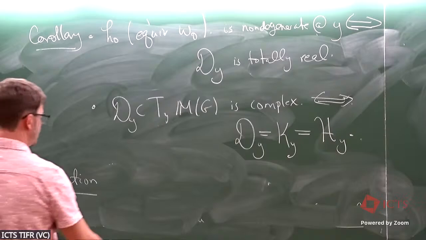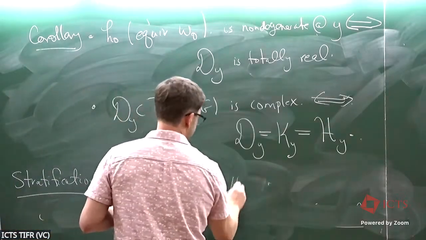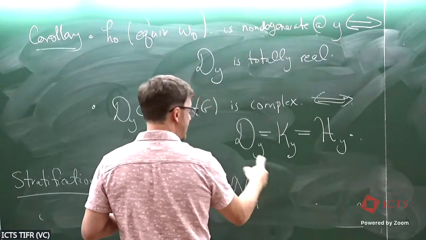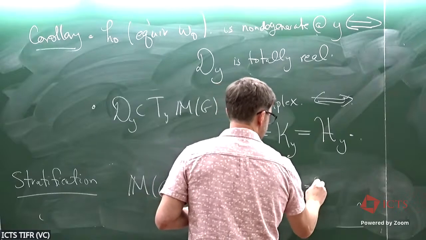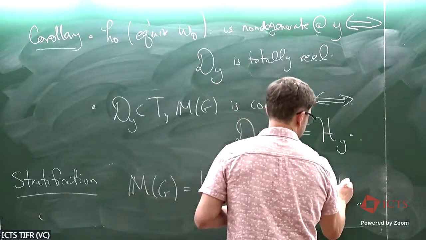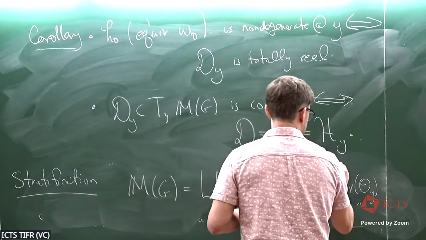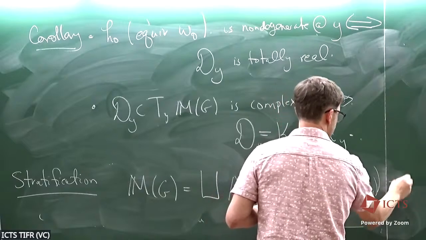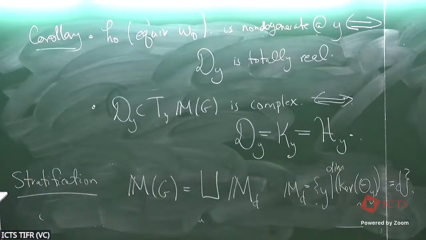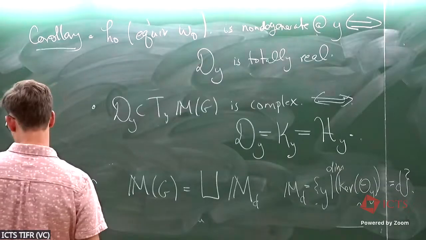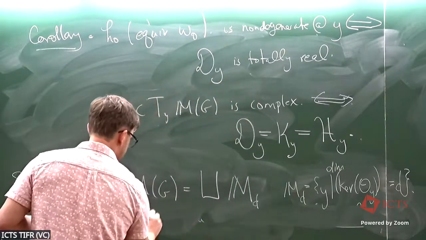You get a stratification of this space where the different strata are labeled by the dimension of degeneracy, so M_D. And M0 is where it's non-degenerate.